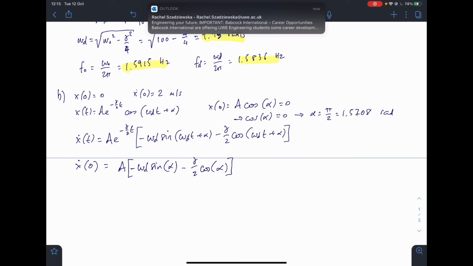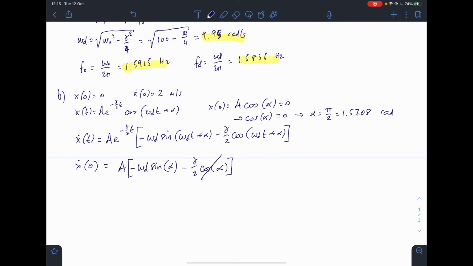We already know that cosine of alpha is 0, so we can get rid of that. And we know that this equals 2. So we can say that minus A omega d sine of pi by 2 equals 2.